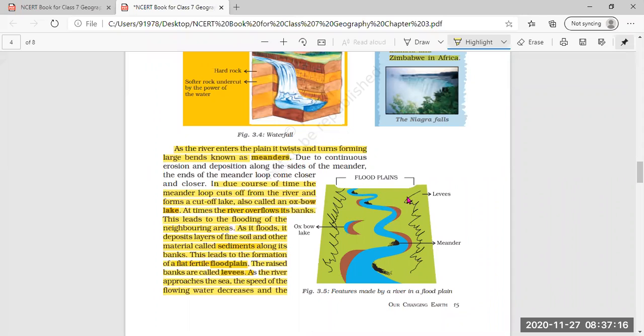First, the river enters the floodplain, the plain area, and when it enters, it twists and turns, and the large loops, large bends, are called meanders.